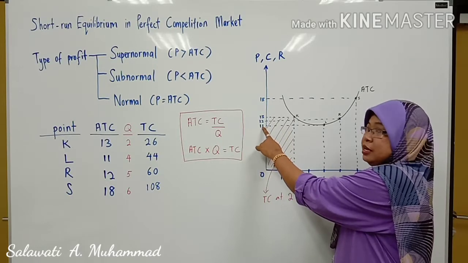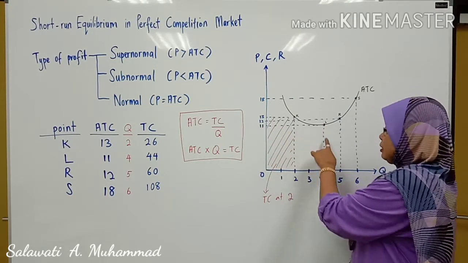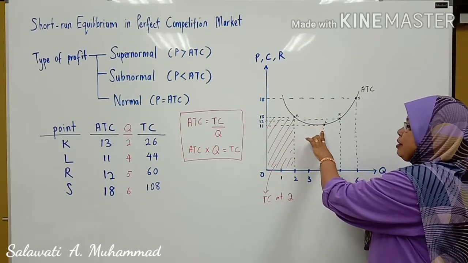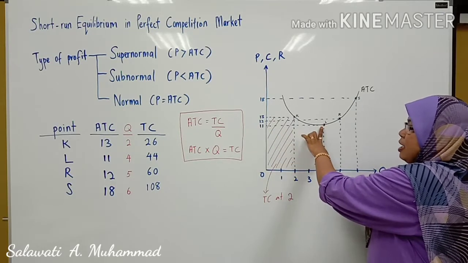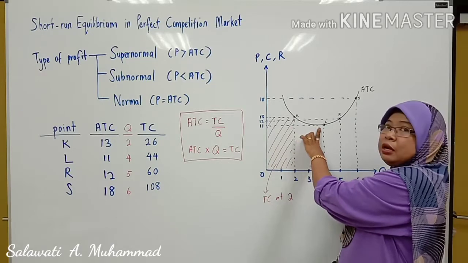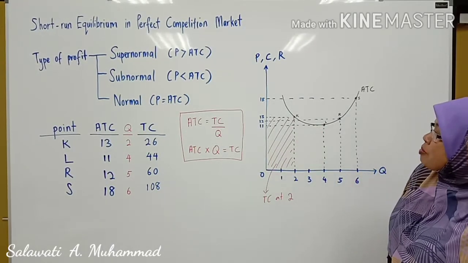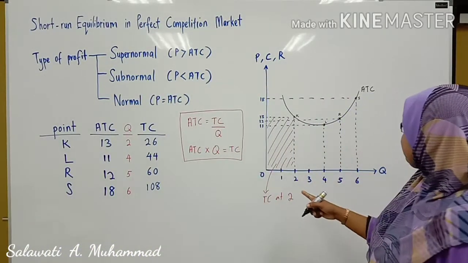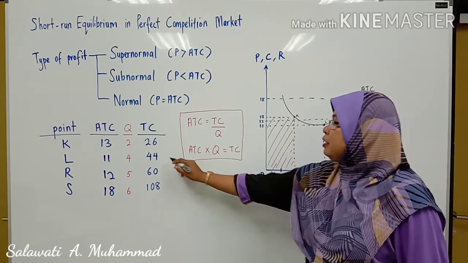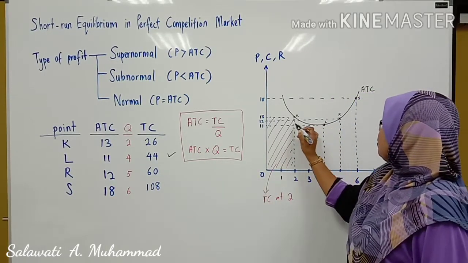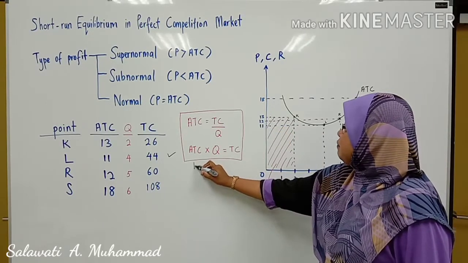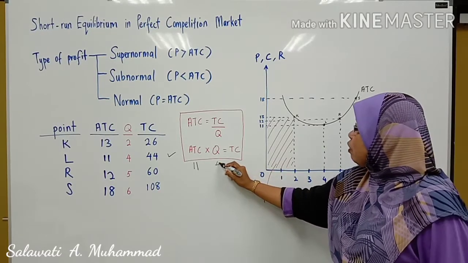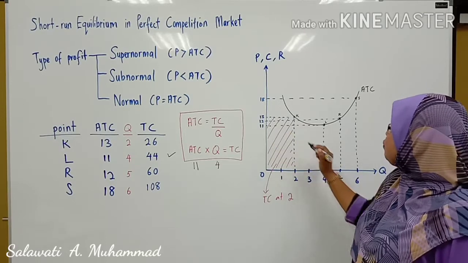The ATC is 11 and the quantity is 4, meaning you need to find the square area represented by L, this box. ATC is 11 and quantity is 4, so we multiply 11 with 4.